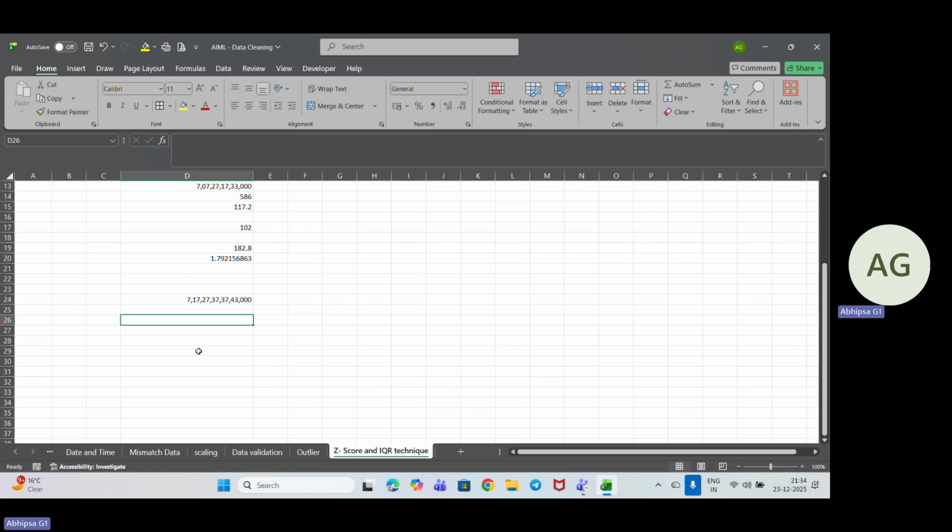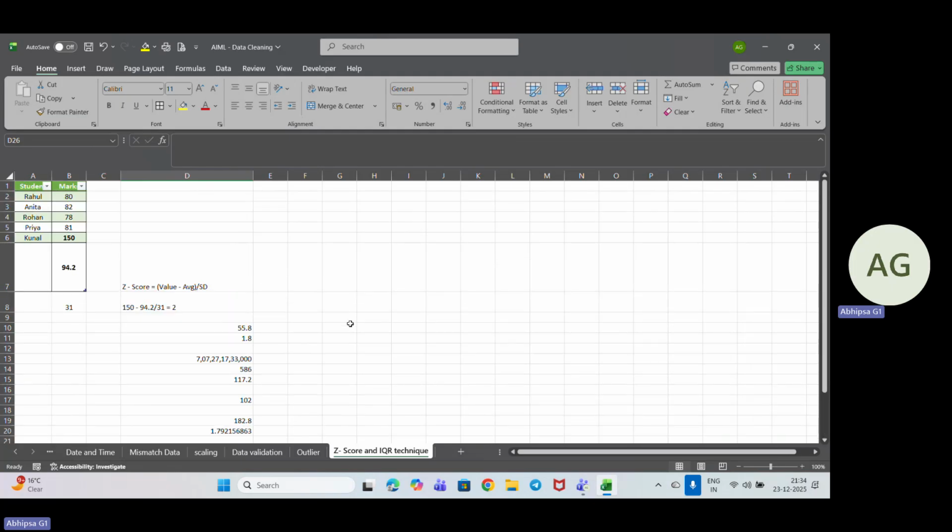Okay. So majorly we consider Z score really less, but if we need to find outliers, we try to use this IQR method that we will be discussing. The IQR method is like the student marks that we are getting. Suppose let's enlist the student marks first.